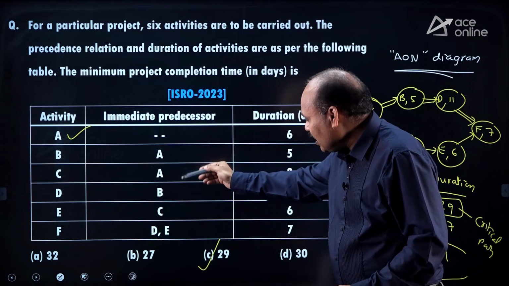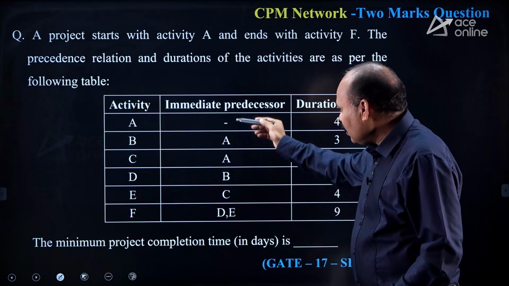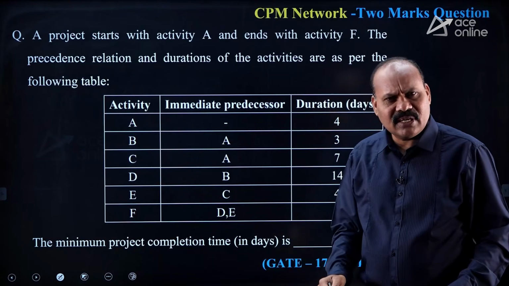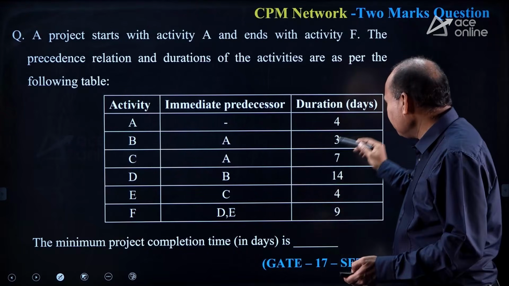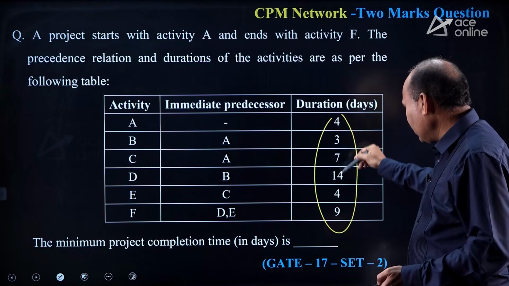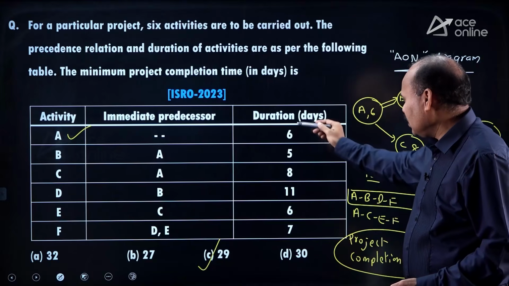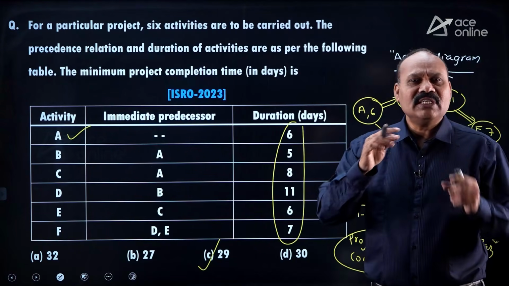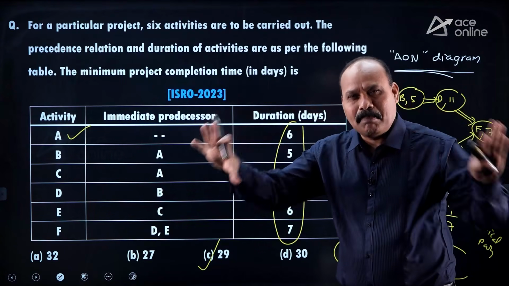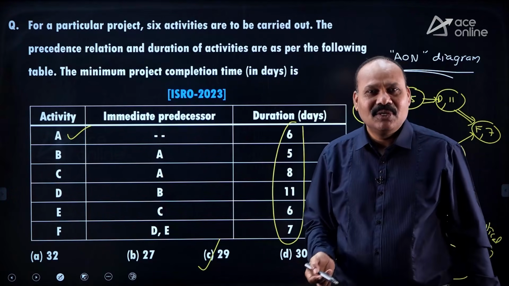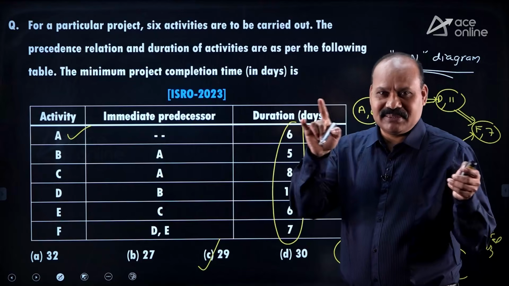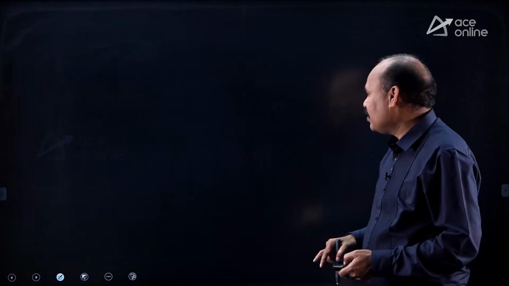Conditions: dash, A, B, C, D, E. Can I say same only? Where you can find the difference is these values: 4, 3, 14, 6, 5. Only slight change. Same template, same problem, but only durations are changed. Numericals are changed. As it is, the same model only taken.